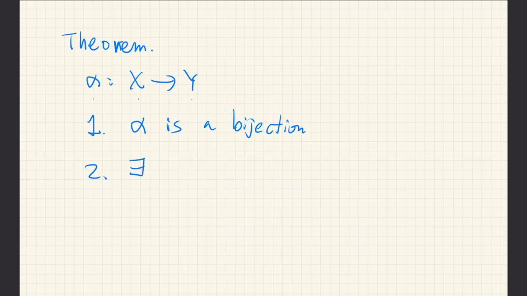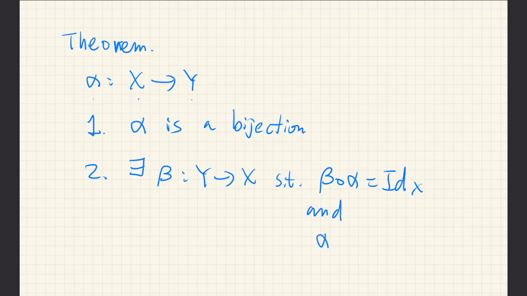There exists a map, let's call it beta, from Y to X, such that beta after alpha is the identity map of X, and alpha after beta is the identity map of Y.